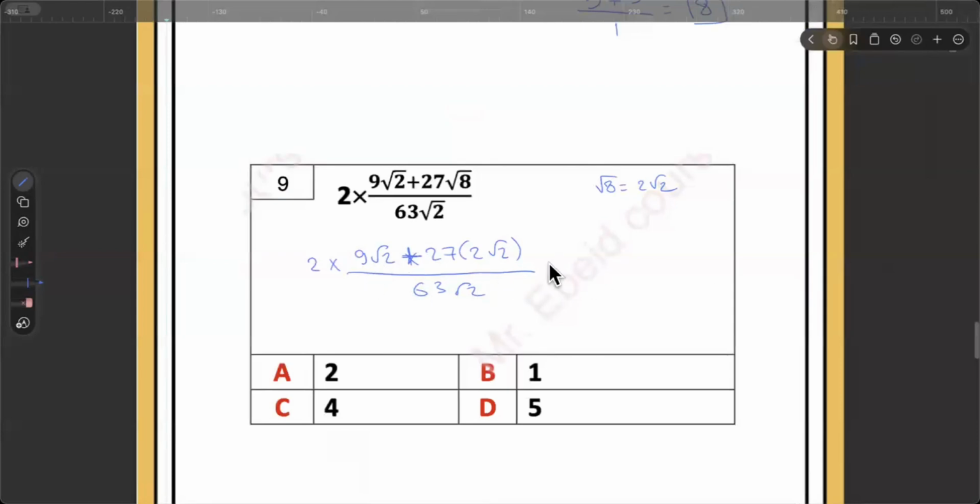So it will be 2 times 9 radical 2 plus 54 radical 2 over 63 radical 2. 9 plus 54 will be 63. 63 radical 2 over 63 radical 2. We can cancel both together. So the answer is 2, which is A.